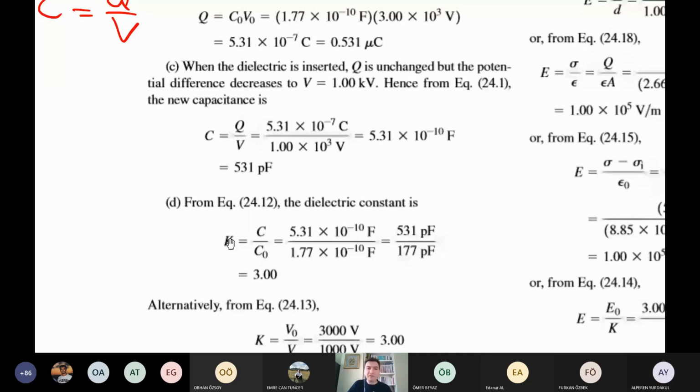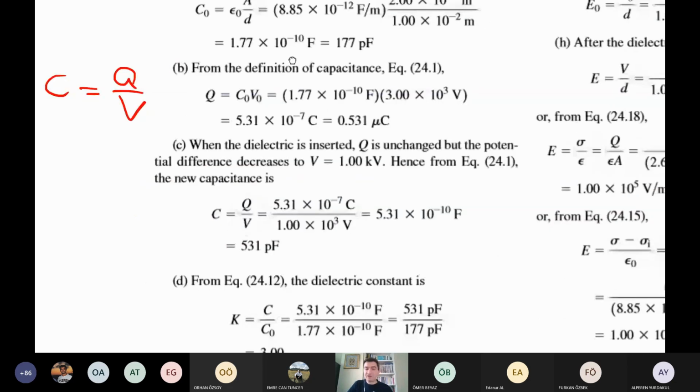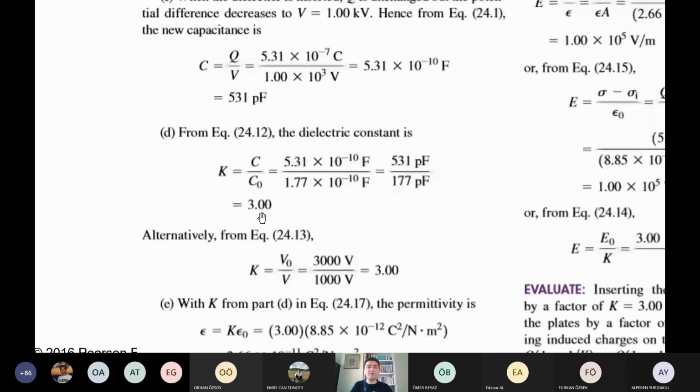K is given by C over C0. Then it is calculated as 3. Okay. What was the K for the vacuum? For the vacuum, K is 1. Now we have K is 3. So K is increased. We have inserted a dielectric. Then capacitance is also increased.